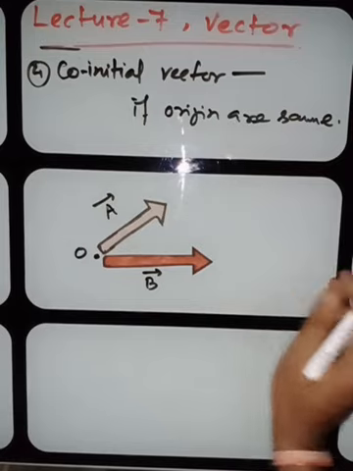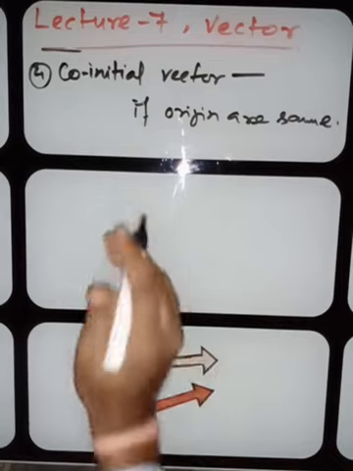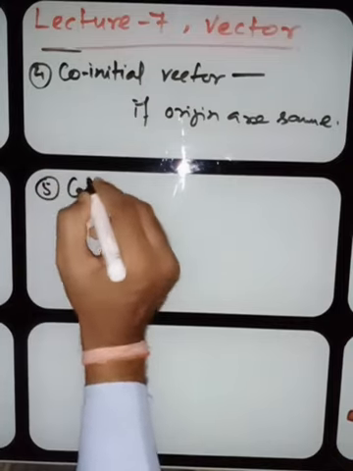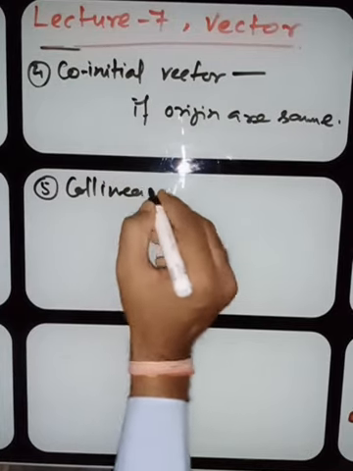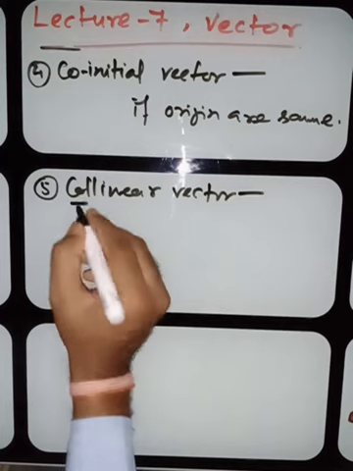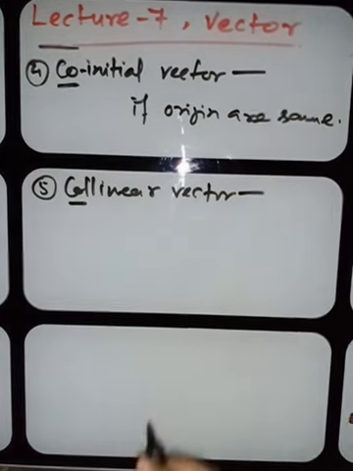Now collinear vector. Here the co means same.